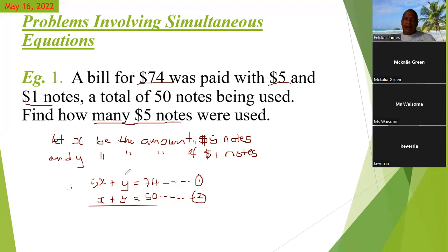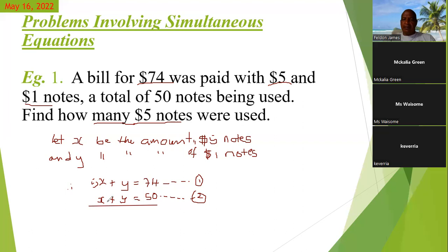So in order to add or subtract, you look at the signs of the unknown that you are eliminating. In this case, the signs of Y would be two pluses. If the signs of Y in the two equations are the same, you subtract.